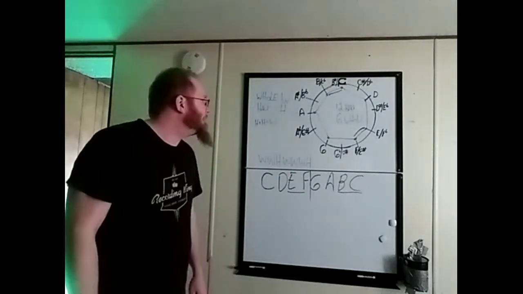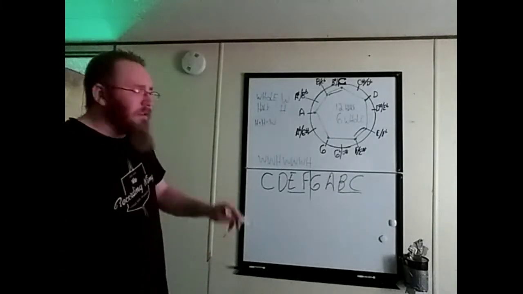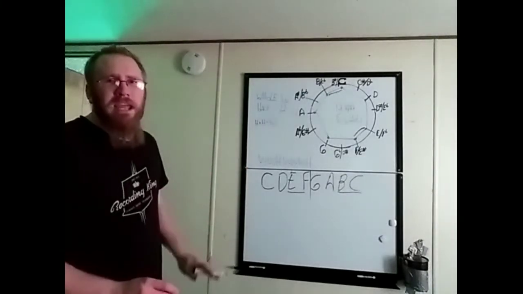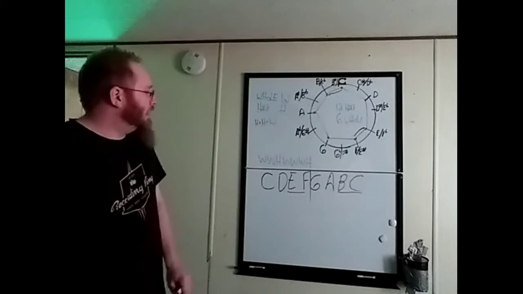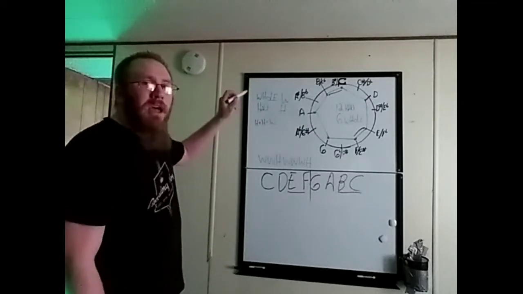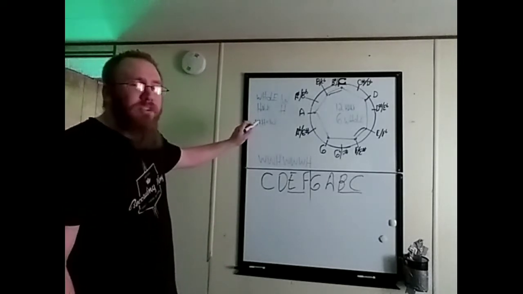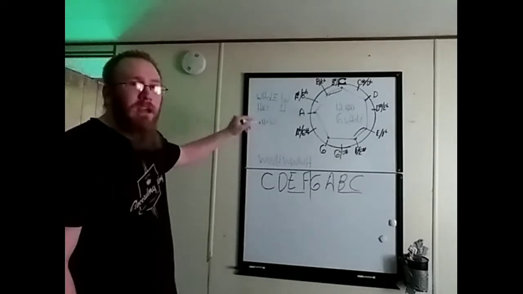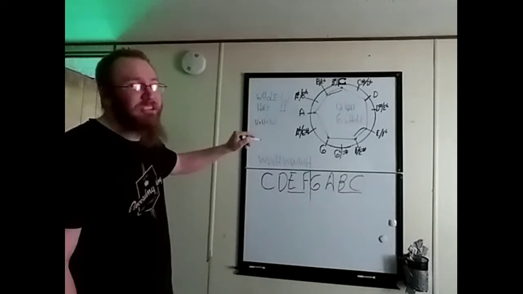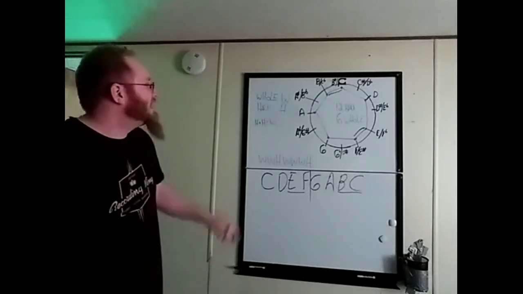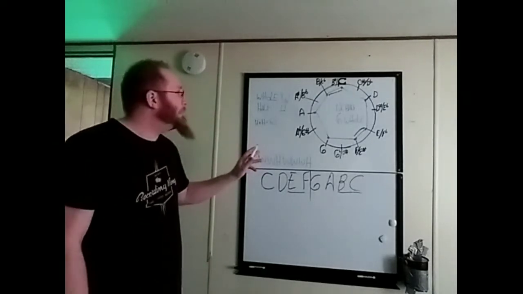We're learning music theory. Now, recap. What did we learn today, guys? We learned that to measure a musical scale, you have two units, a whole step and a half step. And two half steps equal a whole step.